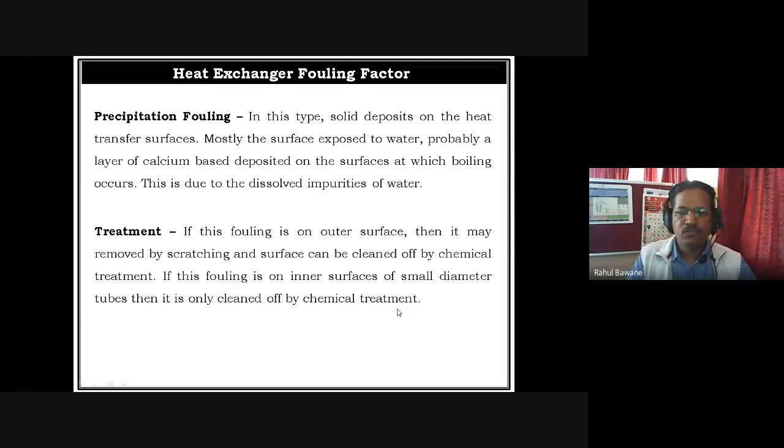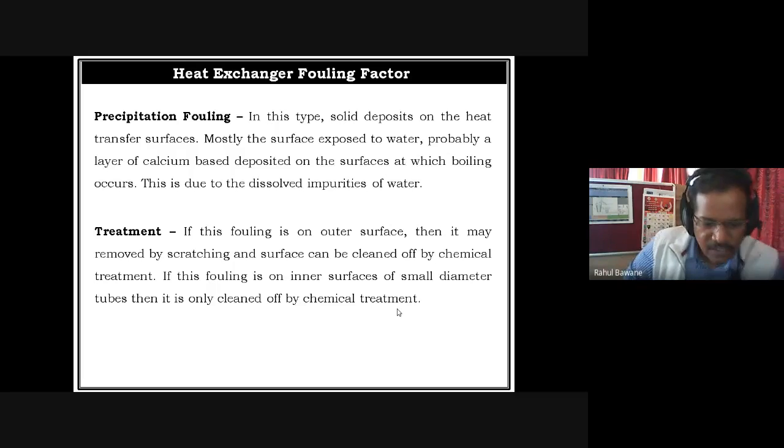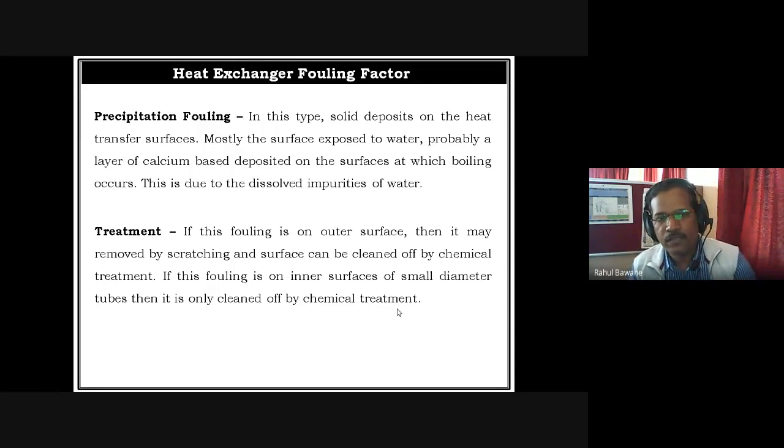So we have to use some chemicals. But in general, in day-to-day life, if you find scaling or precipitation fouling on your water heating coil, there is a very easy way. That heating coil is made for water. That means whenever it is deep in water, it is not harmful.